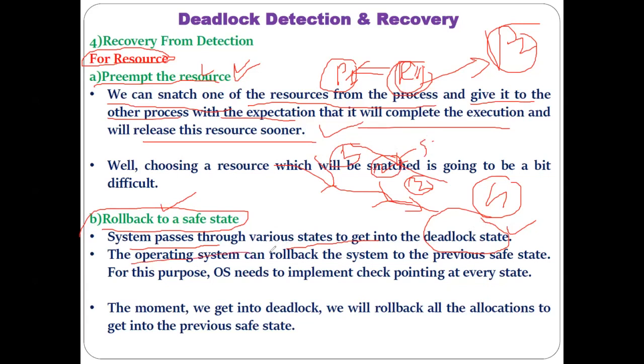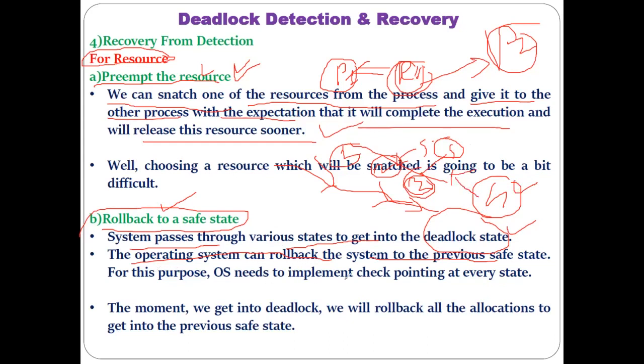So the operating system can roll back the system to the previous state. If you consider state 3 a safe state, and the system goes into the deadlock state in the fourth state, then the operating system can roll back from the fourth state to the third state.